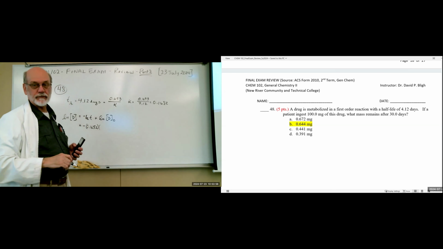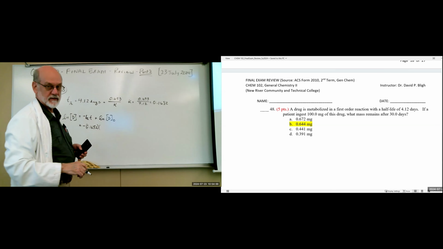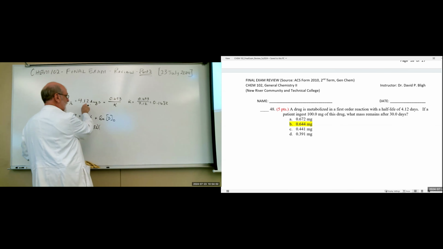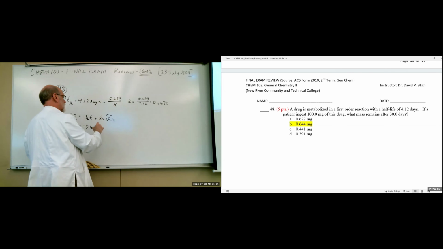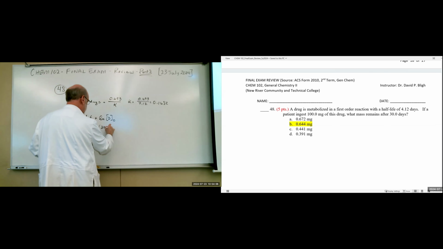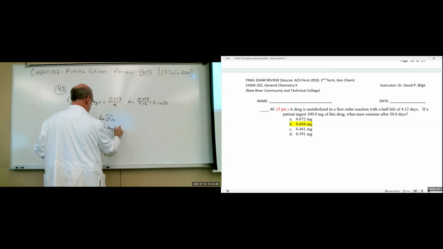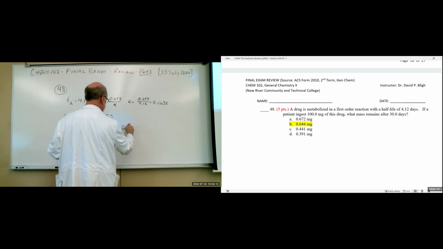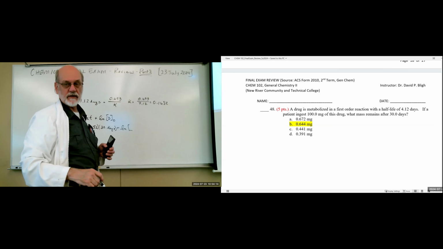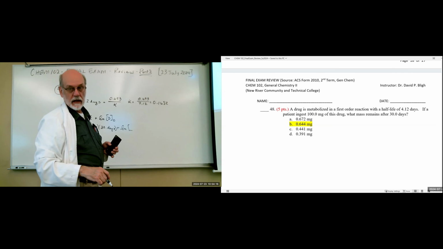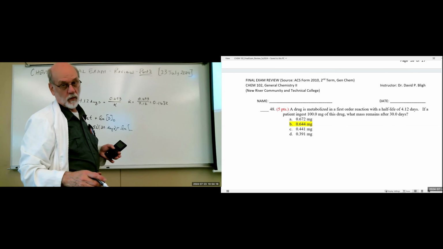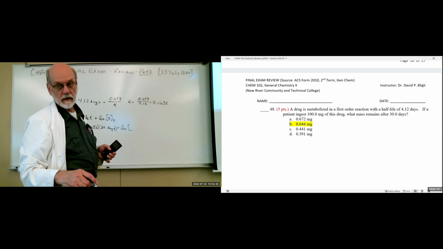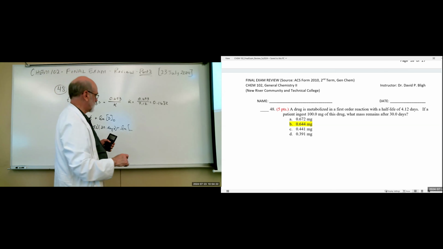What's the time? After how long? 30 days. We calculated our K in terms of days, so we're going to use 30 days here. Okay, what's the beginning concentration? Well, 100 milligrams. Yes, 100 milligrams.